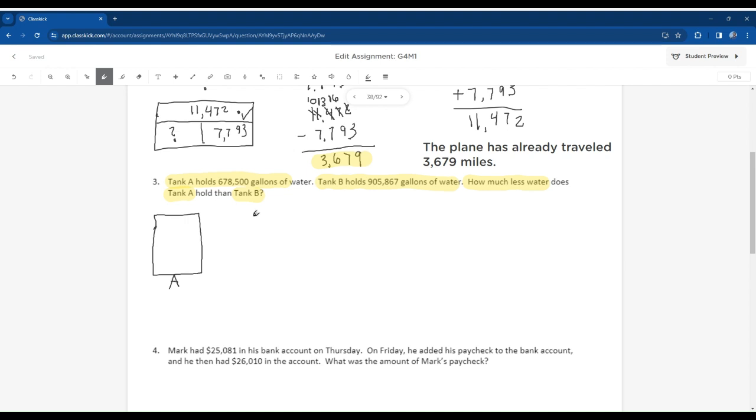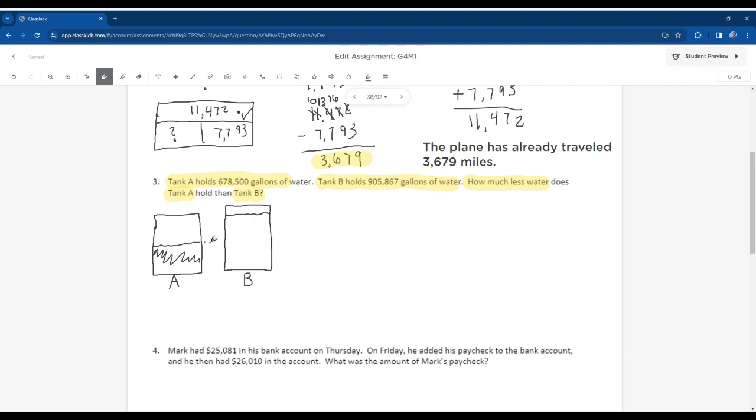This will be A, and I'll try and use the exact same size for B. Tank B holds 905,867, which is a greater number than 678,500, so I'm going to make that water level higher.